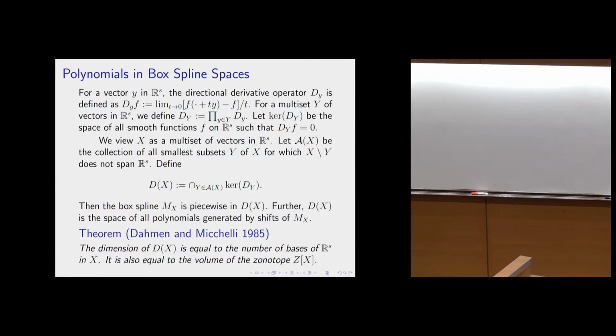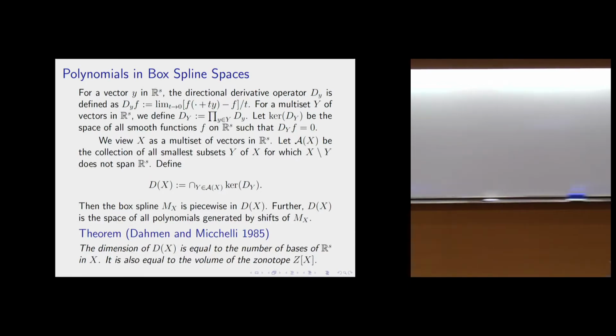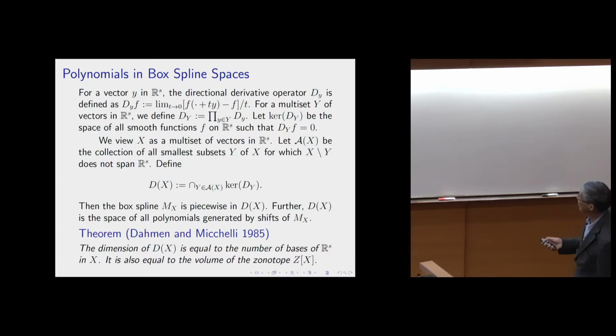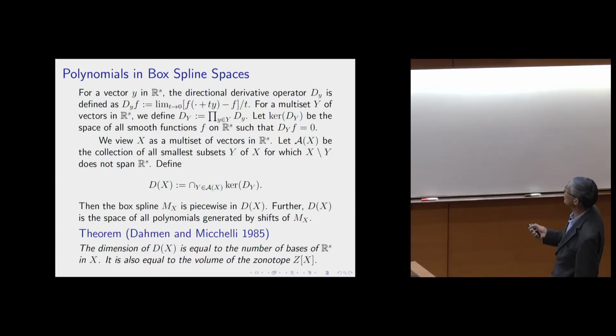But it is equal to the volume of the zonotope only in the unimodular case. Only the unimodular case? Yes, I have to check it again. Thank you for your correction. But anyway, the volume of the zonotope was not a new result, it was known before Diamond. You have a zonotope, then you calculate the volumes.